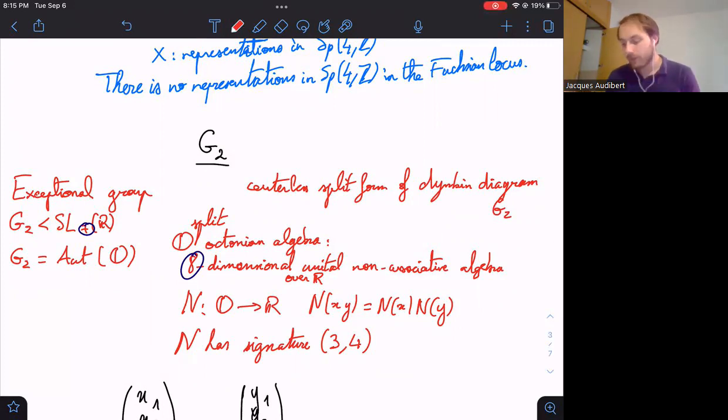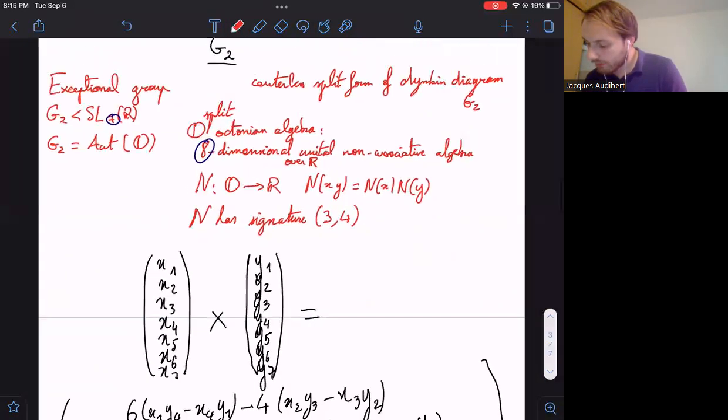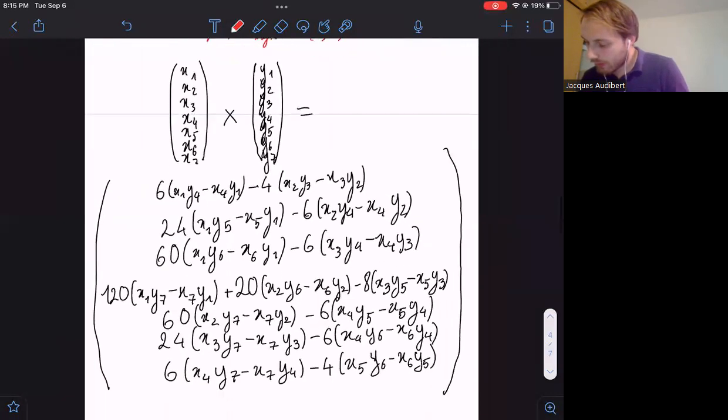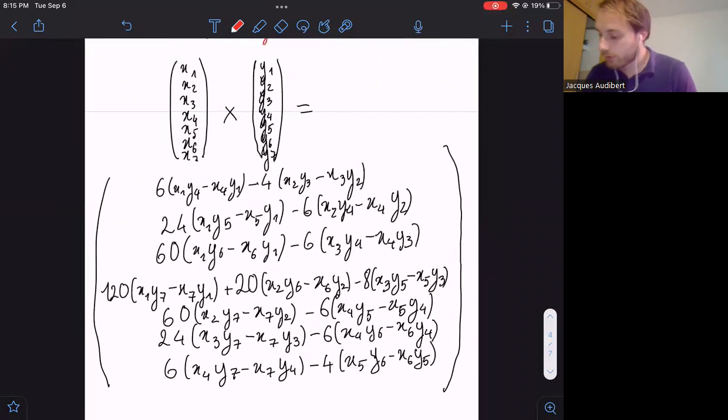So it preserves a 7-dimensional space, and if it preserves a 7-dimensional space, it can be written in terms of 7x7 matrices.